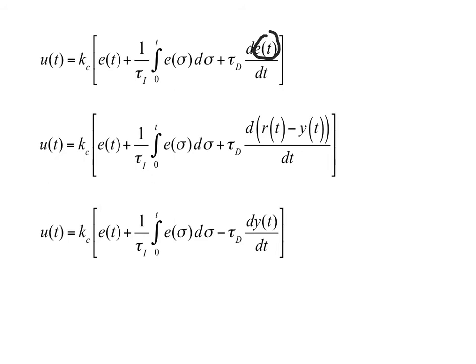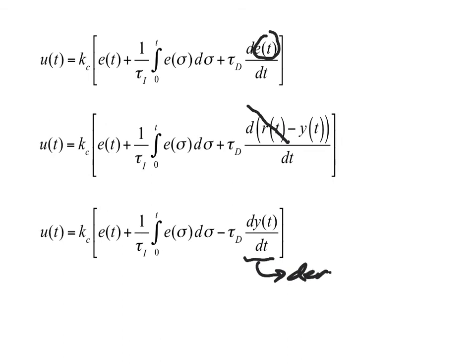So then if we decide that we don't want to differentiate the set point because we may be making a number of step changes and just want to operate with the measured output, it makes it clear then that in this final part of the PID expression, what we'd want to have is a minus tau d dy/dt, where we're taking the derivative of the output rather than the error.